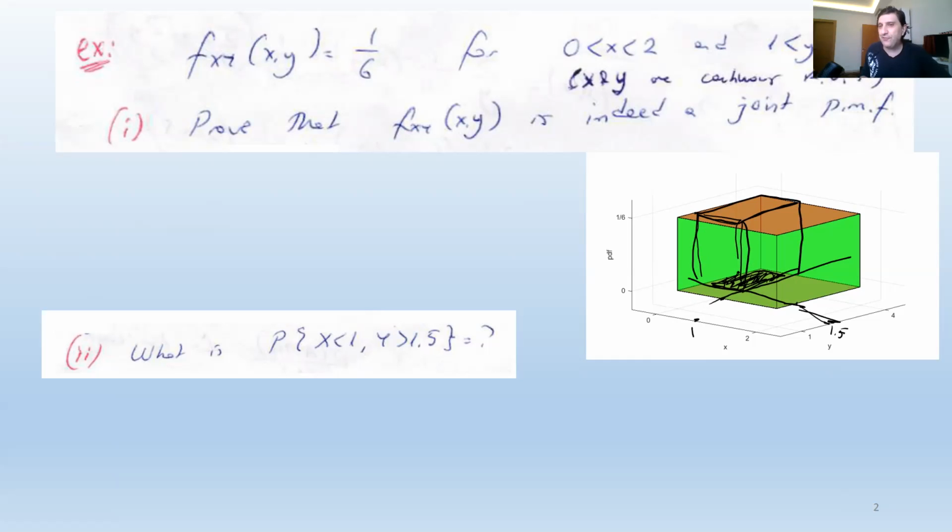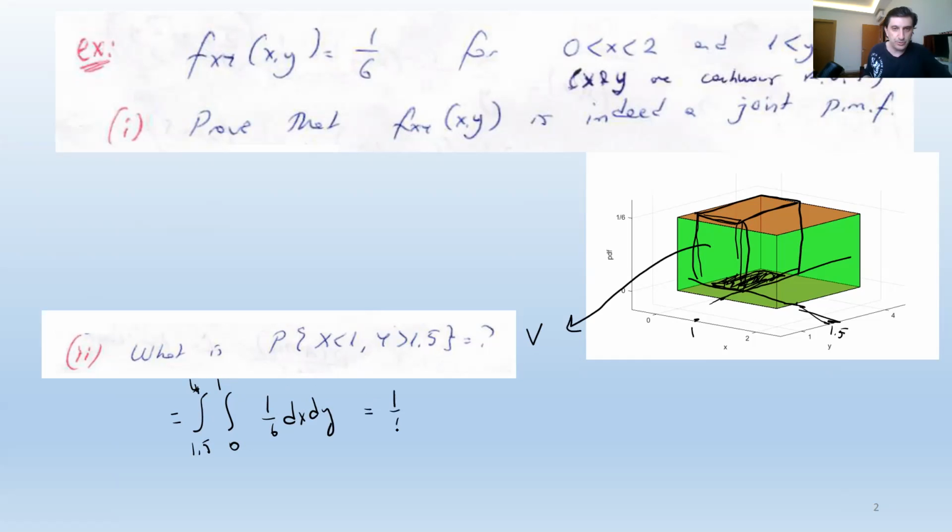Again, you can directly find the value here because the whole thing is rectangular, so finding the volume is very straightforward. Note that this is equal to the volume of that rectangle. I want you to have a geometric understanding, but again, let's use the integral form. It's going to be the integral from 1.5 to 4 and from 0 to 1 of 1/6 dx dy, because these are the limits of x and these are the limits of y.